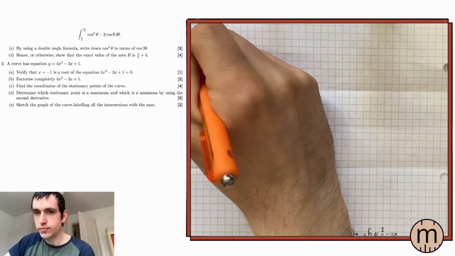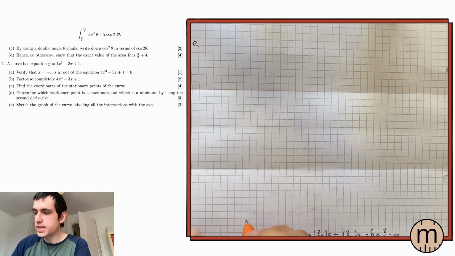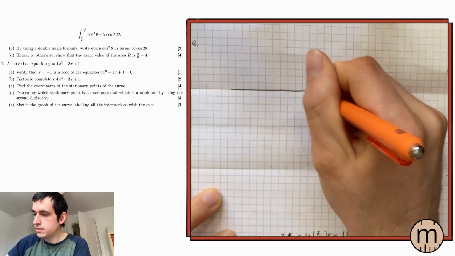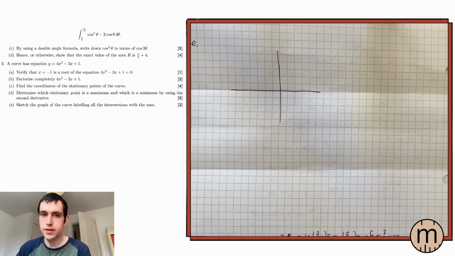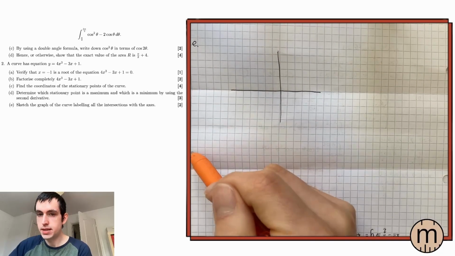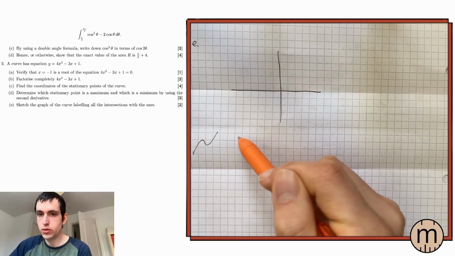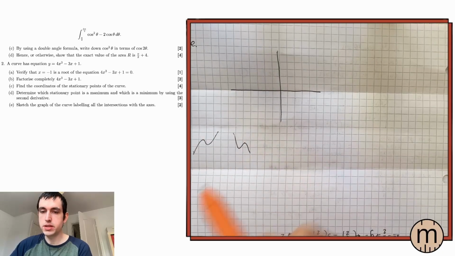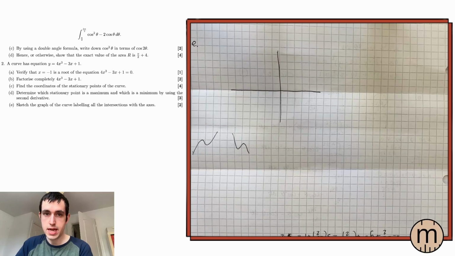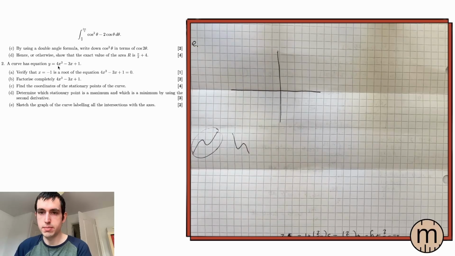Now let's sketch it for part E. In order to sketch it, we of course need some axes. So the curve is a cubic, which means it's either got this shape or this shape, depending on if it's a positive cubic or a negative cubic. This cubic starts with a 4, so it's going to be a positive cubic, and it's going to be this general shape. We know the stationary points as well, and we also know the roots.